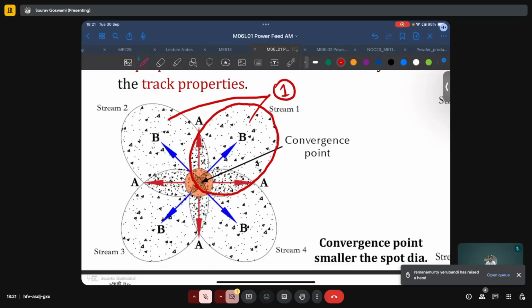Then we have these other regions where powder from multiple streams are coinciding, which I am hatching in blue, because in each of these regions, what we can see is that the powders from two distinct streams are coinciding.